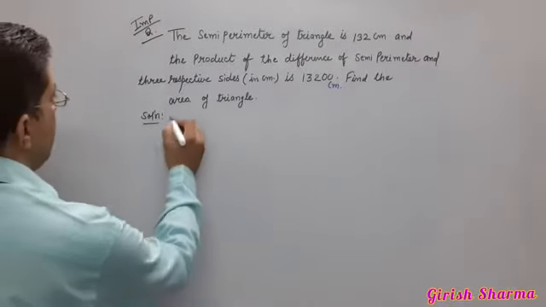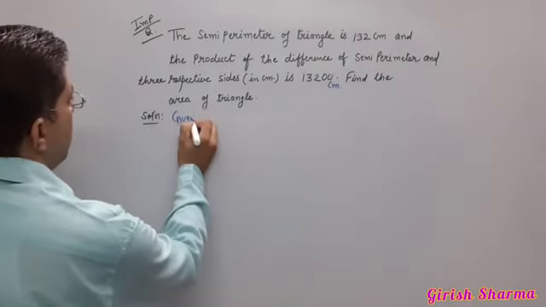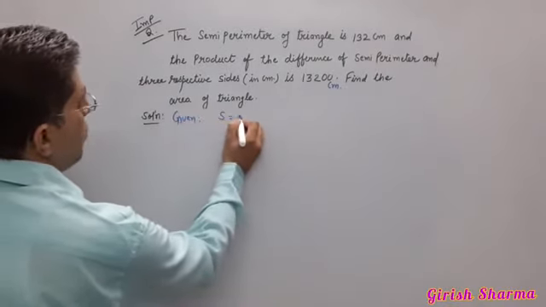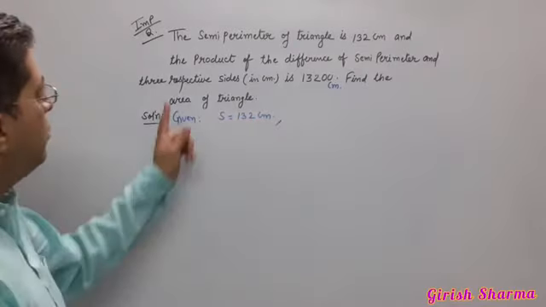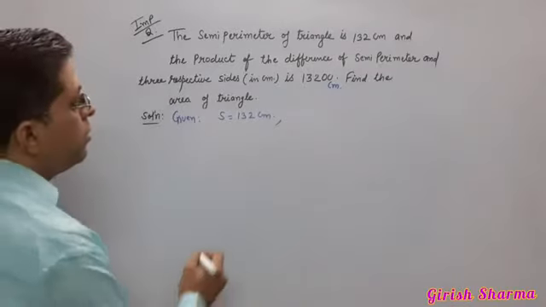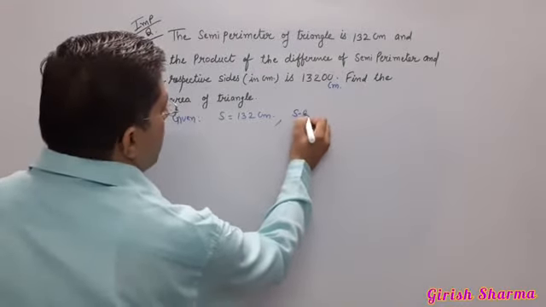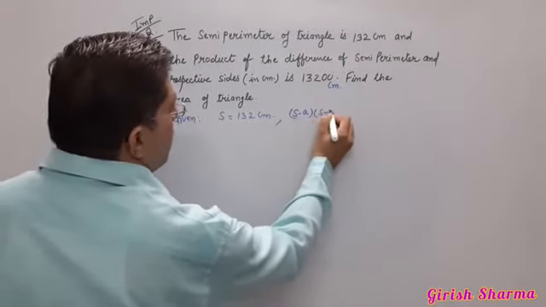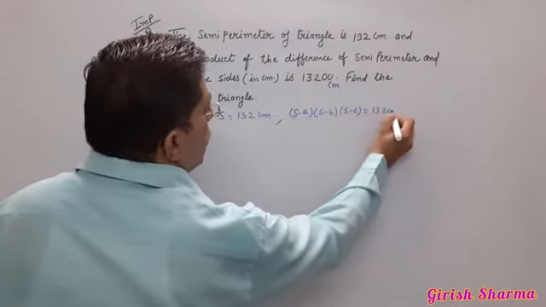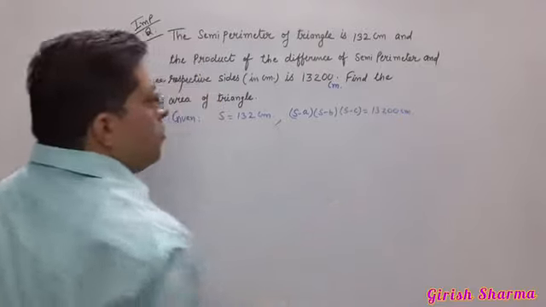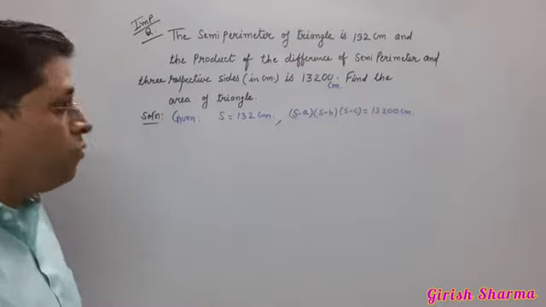What is given? Semi-perimeter S is given to you 132 centimeter, and the product of the differences of the semi-perimeter, it means S minus a, S minus b, S minus c, is given to you 13200 centimeter.